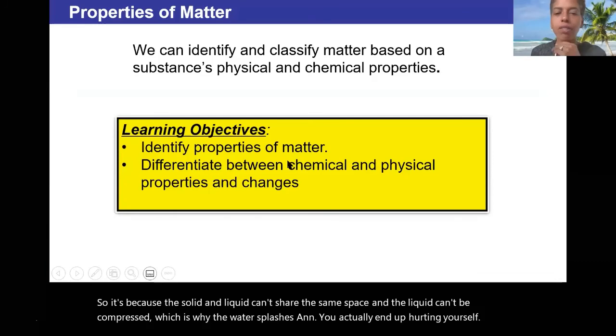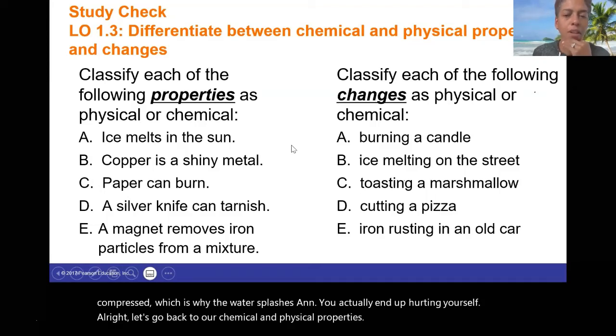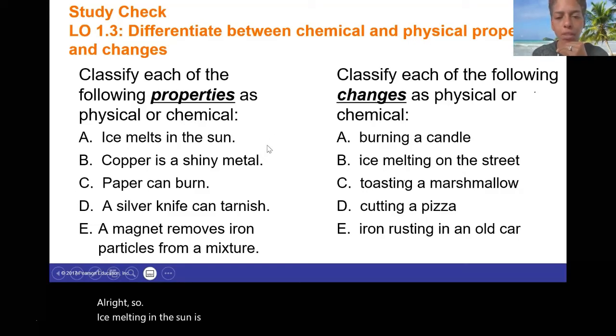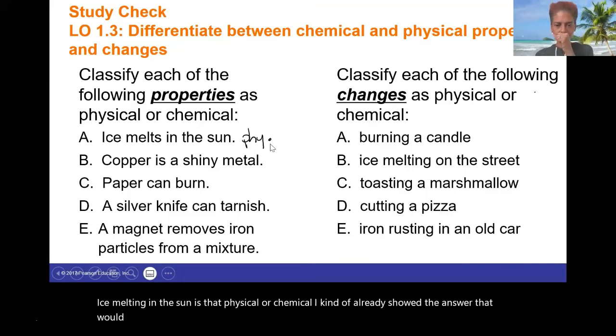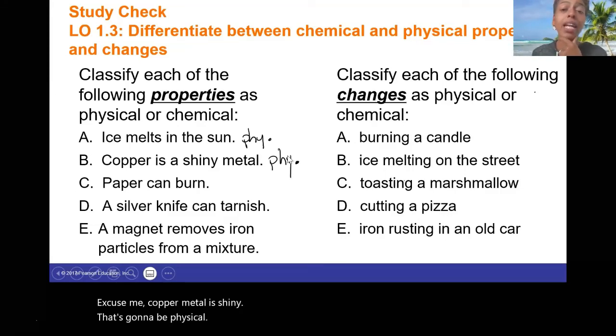All right, so now let's go back to our chemical and physical properties. Ice melting in the sun, is that physical or chemical? I kind of already showed the answer. That would be physical. Copper metal is shiny. That's going to be physical. Paper can burn.